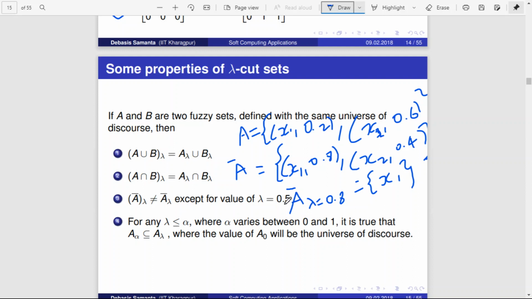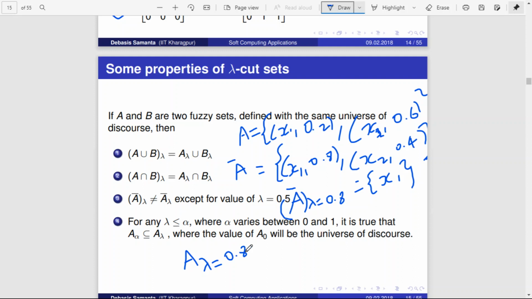Okay, but here first we performed A dash and then lambda. But the right hand side says first you perform A lambda, then take the complement of it. So again assume the same lambda, A lambda equal to 0.8.